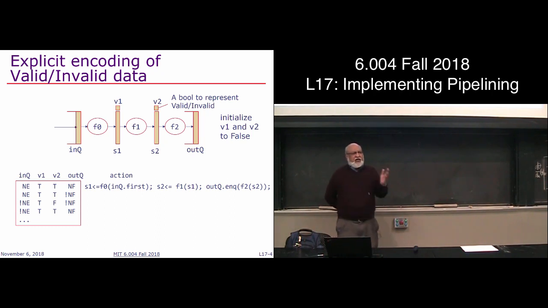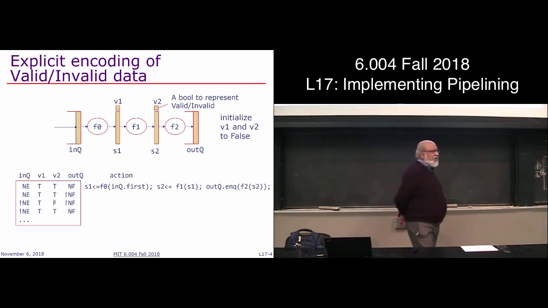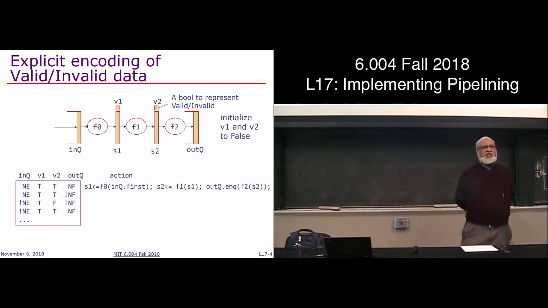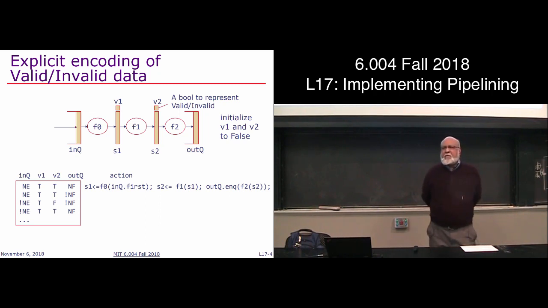In S2, I have copied whatever was in S1 and applied function F1 to it, and so on, right? So all three actions are shown here. In the last stage, I'm enqueuing something. Is everybody with me? Now, what is the answer for the second row?